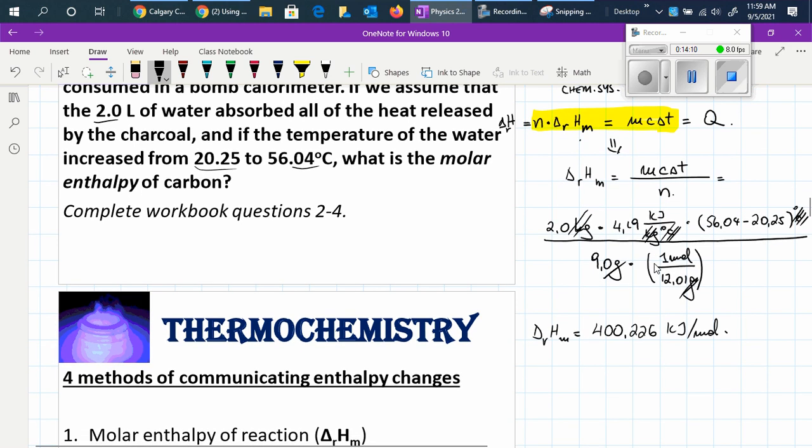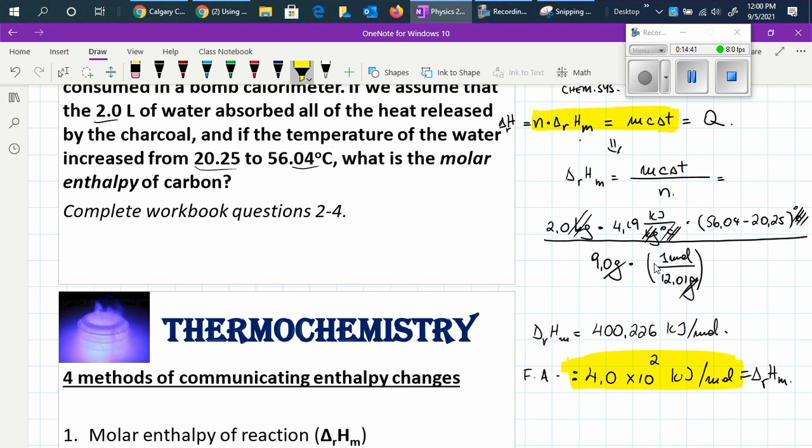So then the final answer will be 4.0 times 10 to the power of 2 kilojoules per mole, expressed in scientific notation, because we want to express it in 2 significant digits. And this will be the molar heat of carbon.